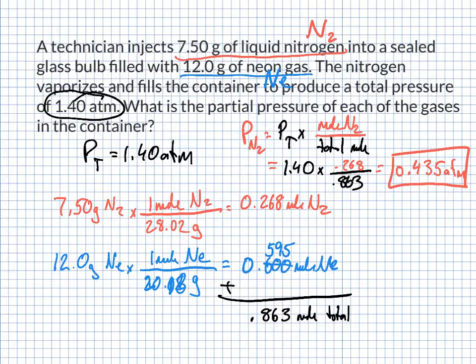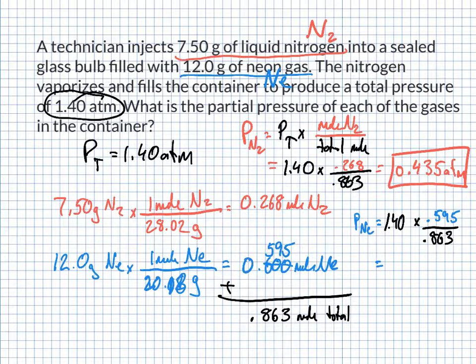Switching over to my neon, it's the same thing, right? My pressure of neon is going to be equal to my P total, which is 1.40, my 0.863 in the denominator, my 0.595 in the numerator.